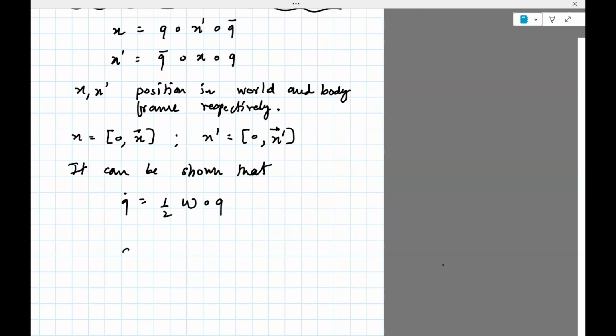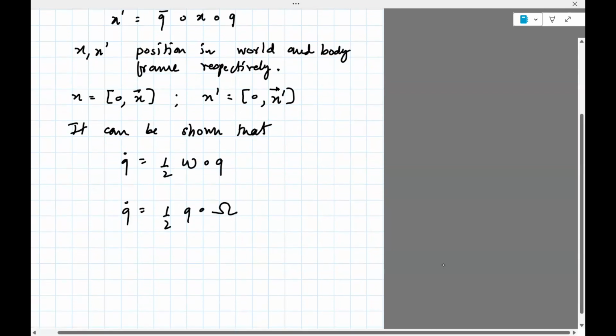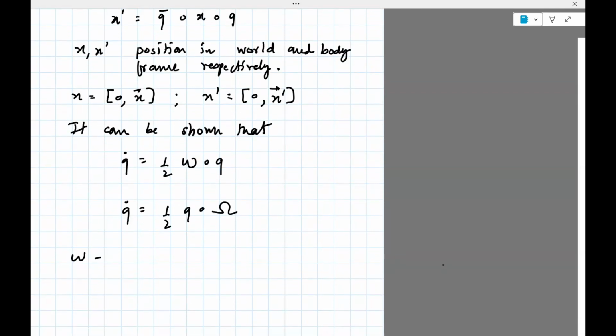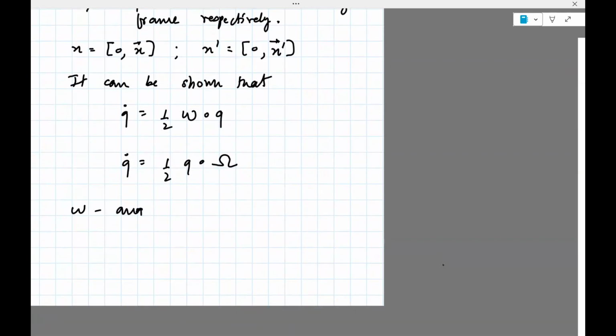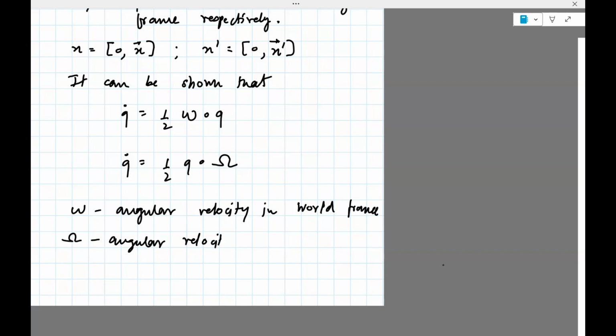And then q dot equals half q dot the big omega, where omega is angular velocity in world frame, and the small omega is angular velocity in body frame.